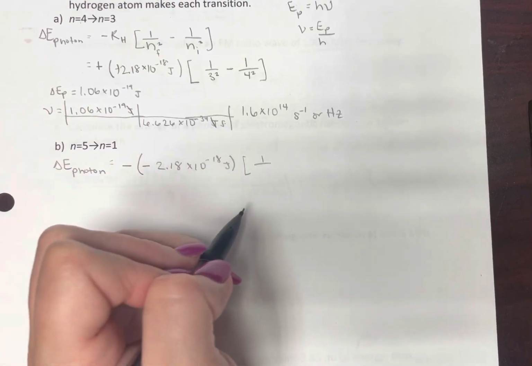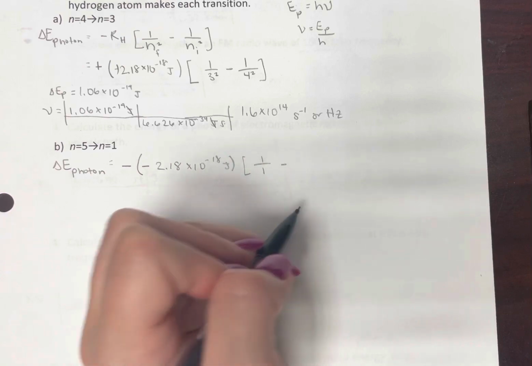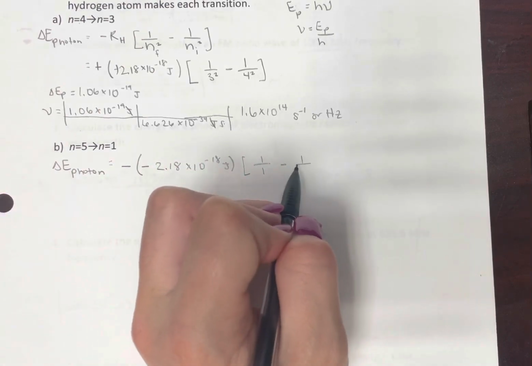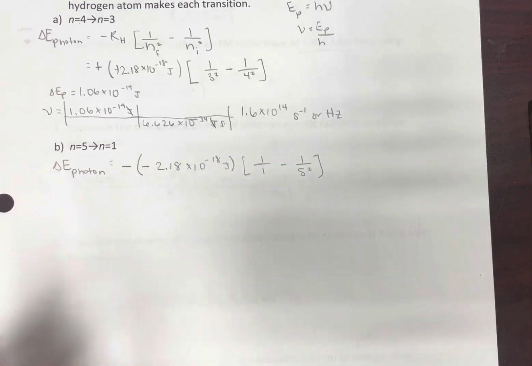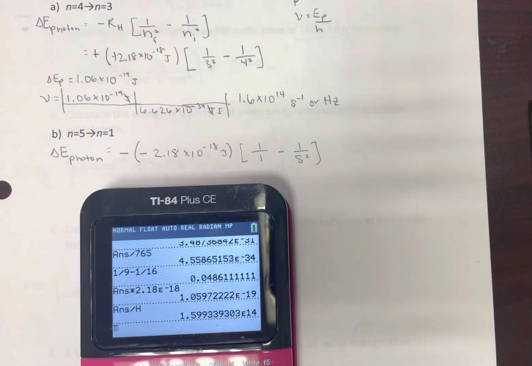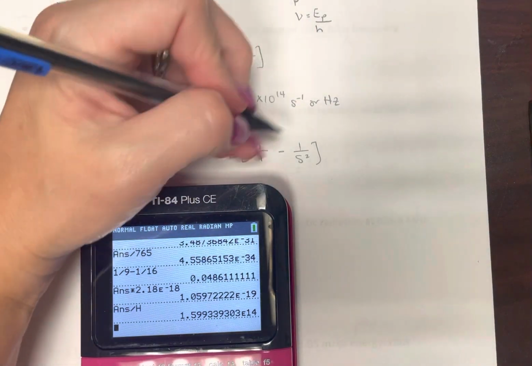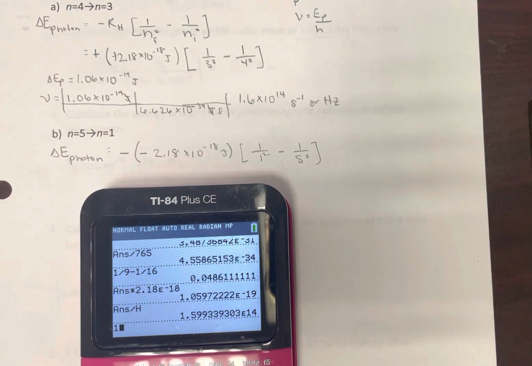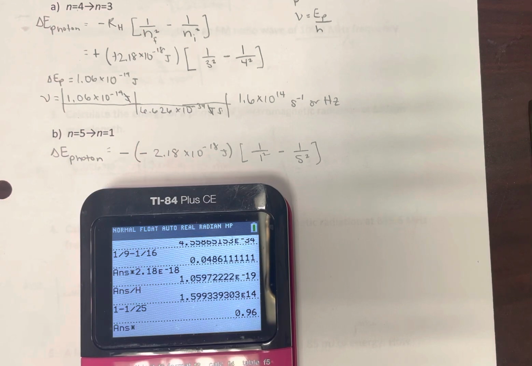Times 1 over our final, which is going to be 1 squared, minus 1 over 5 squared. 1 squared is 1, so 1 over 1 is 1, minus 1 over 25, times, we say this is going to be plus 2.18 times 10 to the negative 18th.